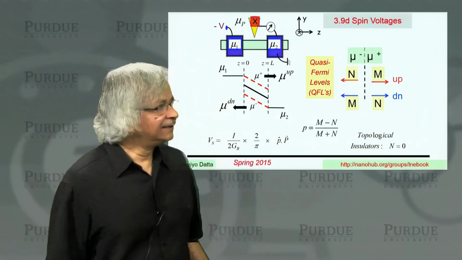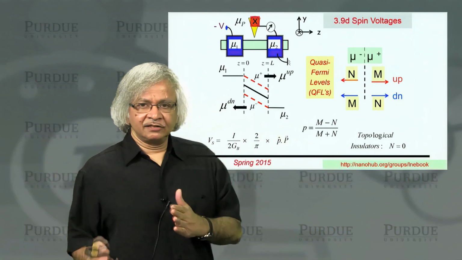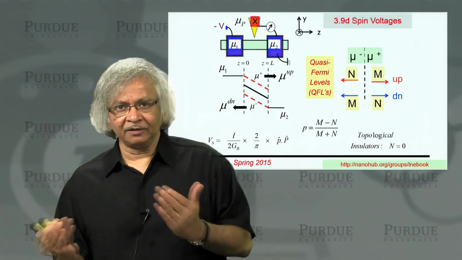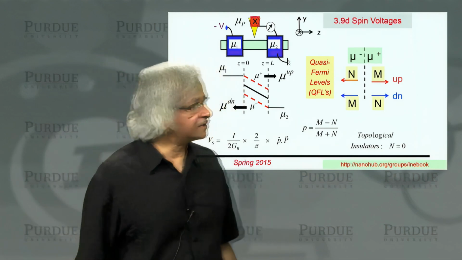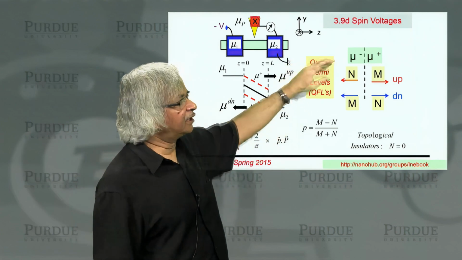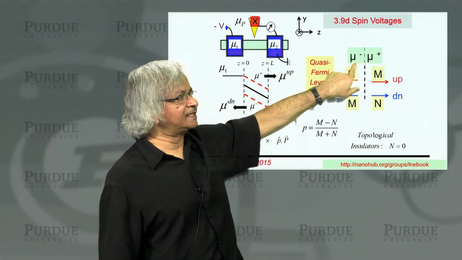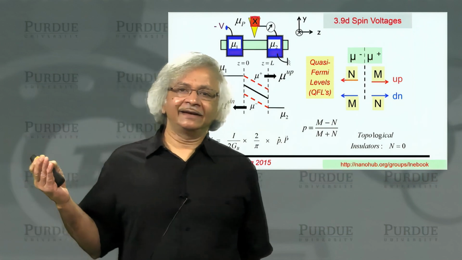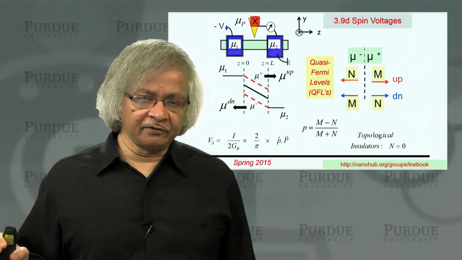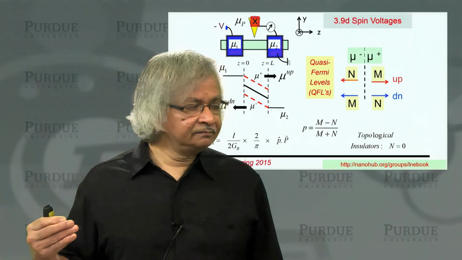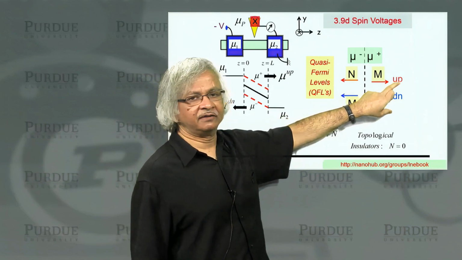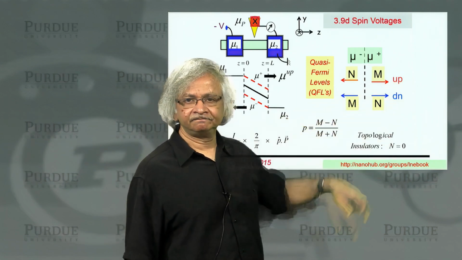The idea that different classes of states could be occupied differently, and hence you could have different electrochemical potentials or quasi-Fermi levels. So much of this unit, we have been talking about the difference between right-moving states and left-moving states, and how they can have different quasi-Fermi levels. In the field of spintronics, it has become quite common to talk about the spin potential, the difference in the quasi-Fermi levels for upspins and downspins.